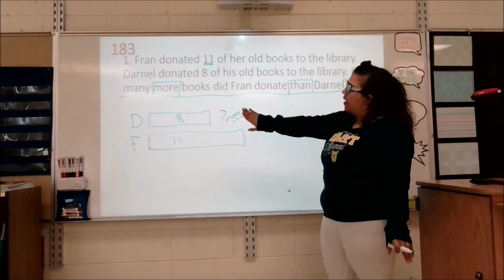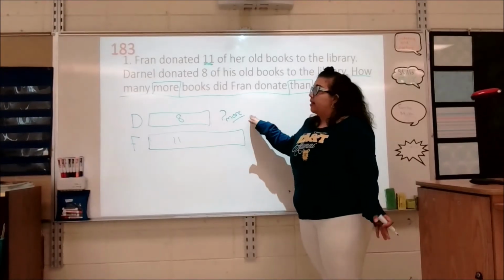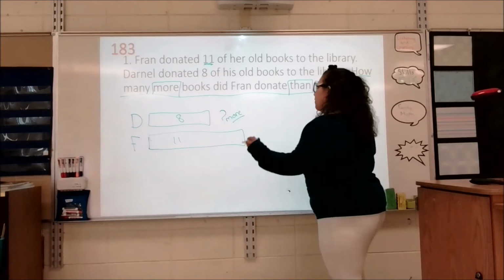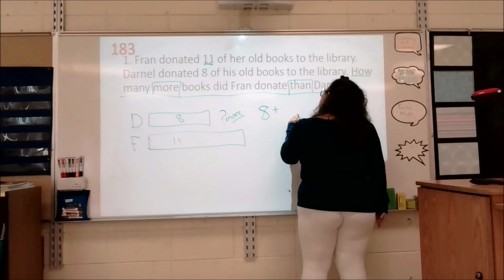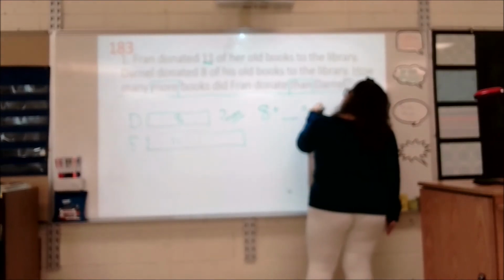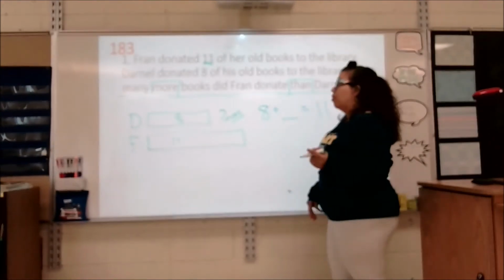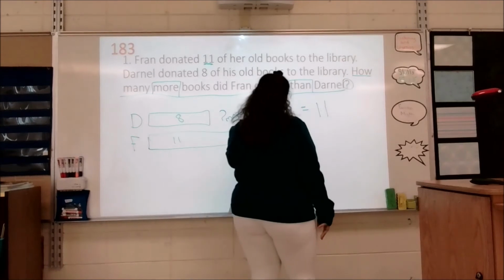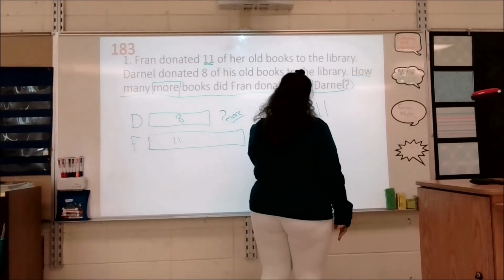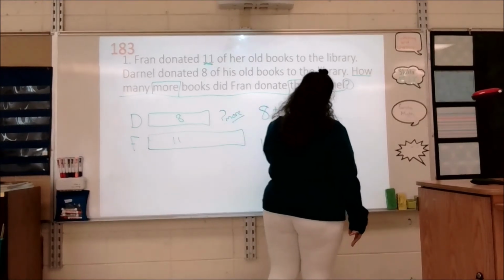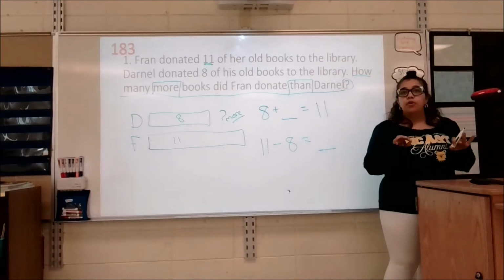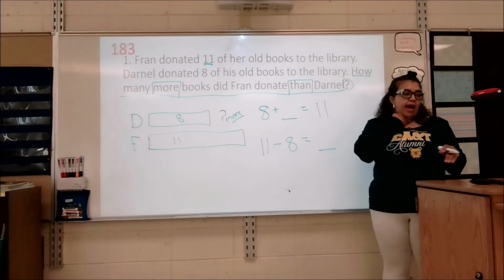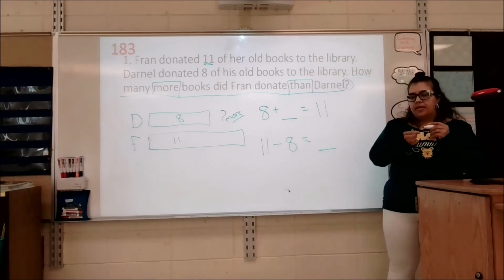So 8 and some more is equal to 11. 8 books plus some more books is equal to 11 books, or the 11 books Fran donated minus the 8 books Darnell donated is equal to the difference in the number of books they donated. So, how are we going to figure out the missing part?